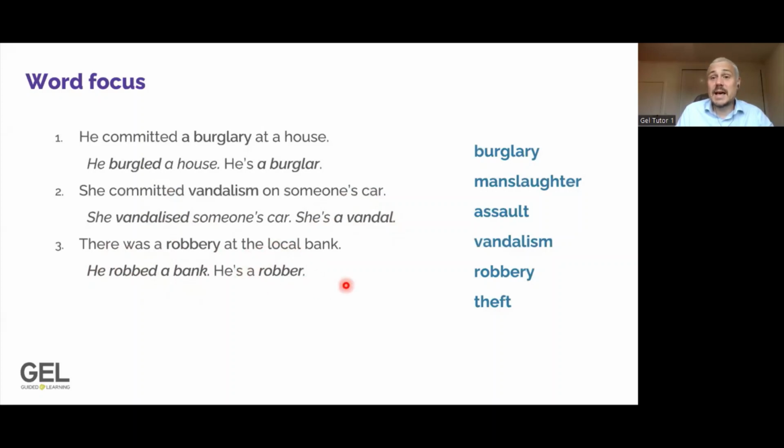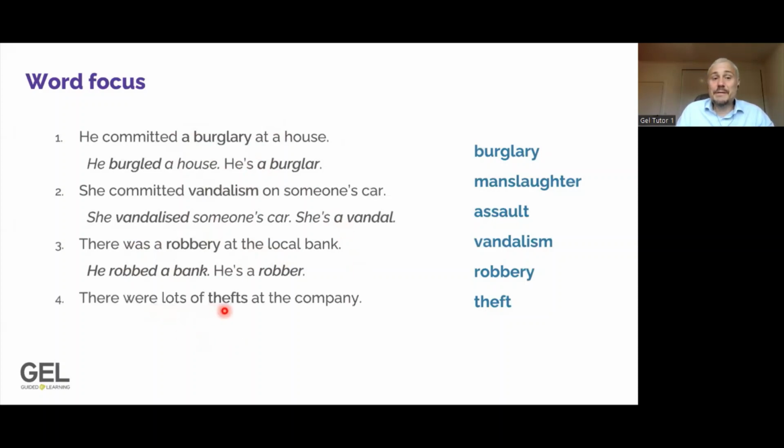We could also say a bank robber. Bank robber is a strong collocation. Remember, when a robbery happens, the victims are in the bank or in the place. But a burglary happens when the victim is not at home or not in the place.